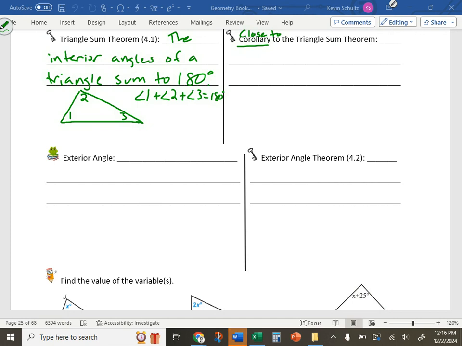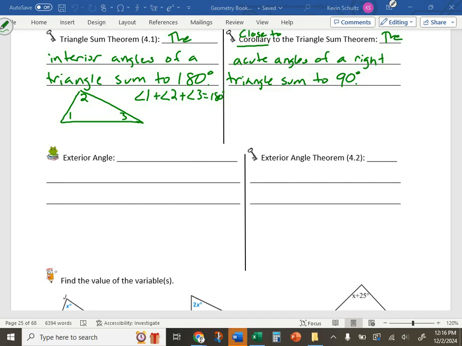And the corollary to the triangle sum theorem is that the acute angles of a right triangle sum to 90 degrees.